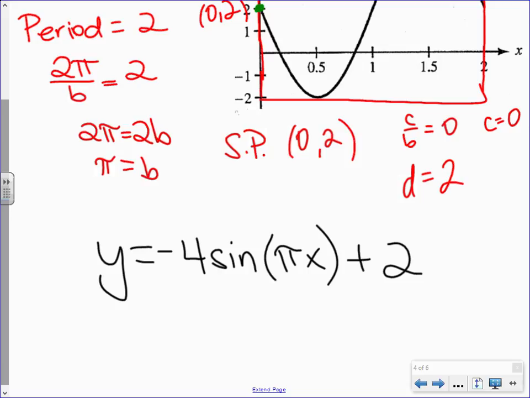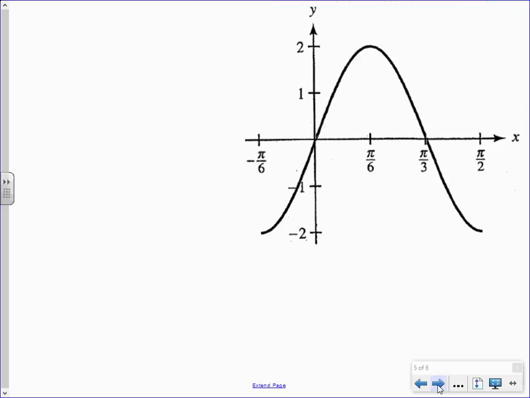All right, one more graph that does not have a starting point on the y-axis. And then I'll give you some time to work. Okay. Go ahead and take a little bit of time to draw that.